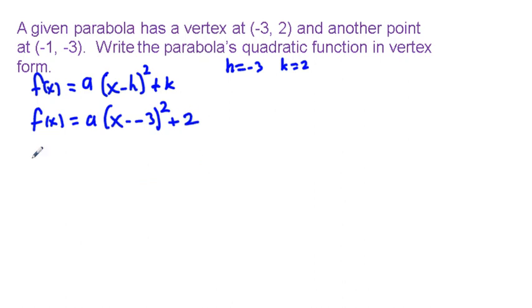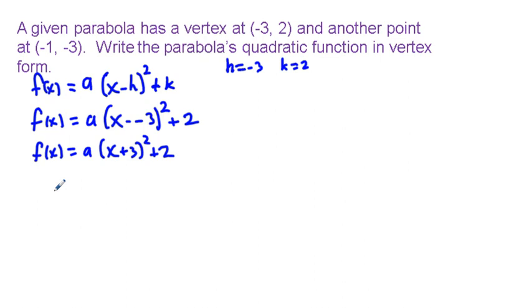We have x minus h, which is minus negative 3, squared plus 2. And that simplifies: x minus negative 3 is going to be x plus 3, squared, plus 2. And the last thing we're going to do is substitute in negative 1, negative 3.